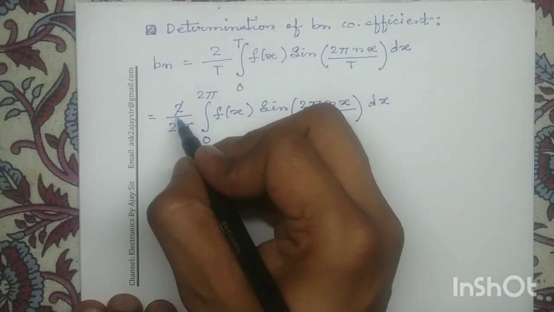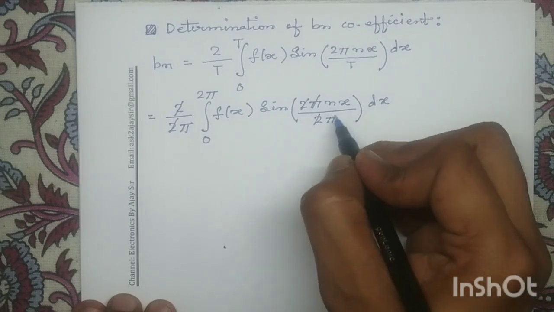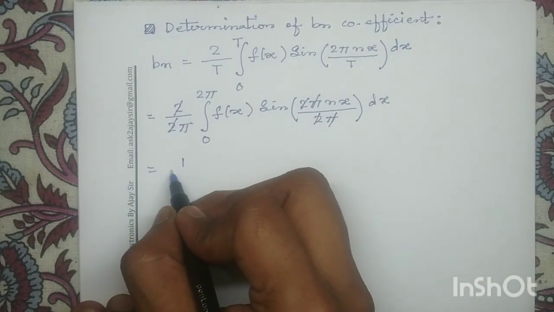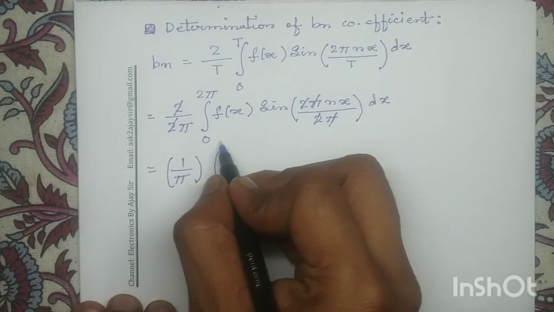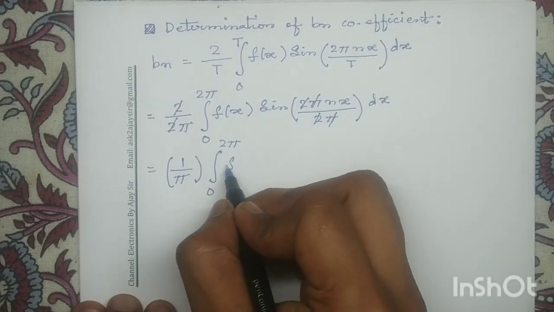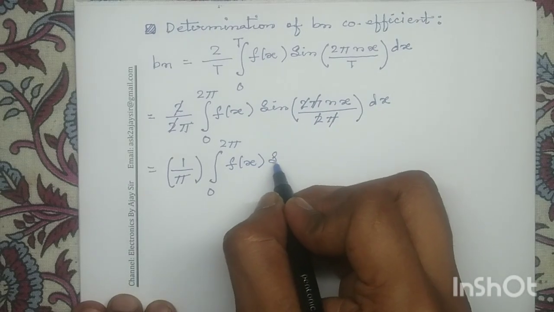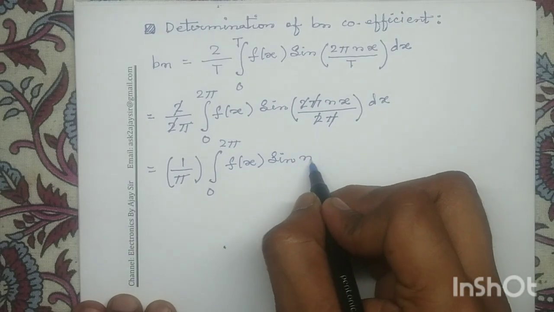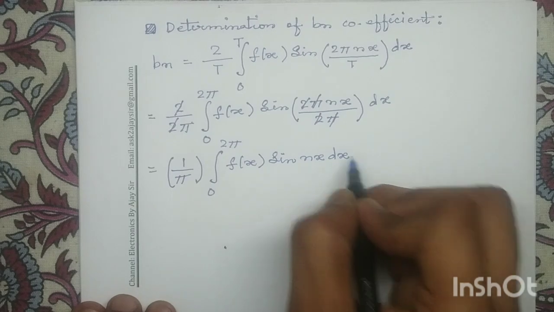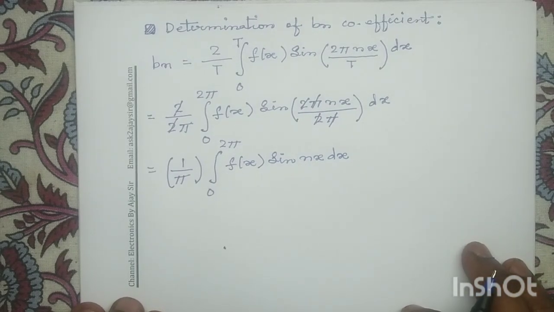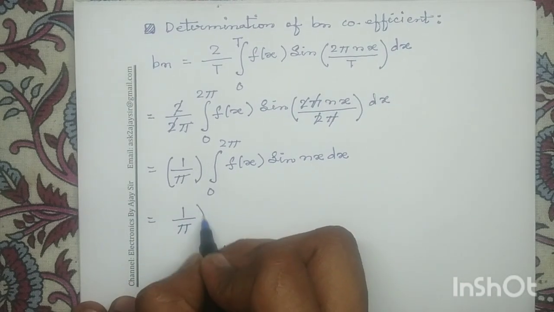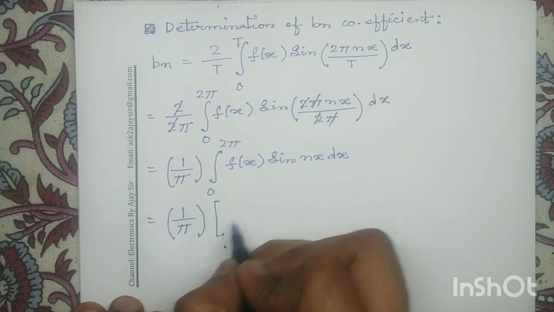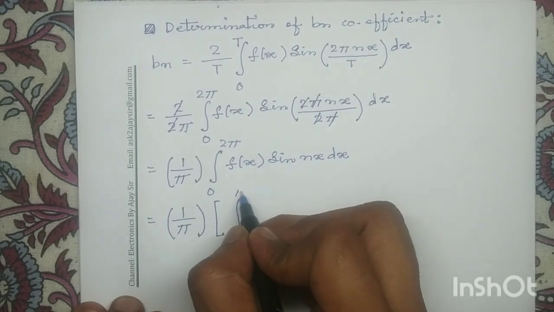Which on simplification reduces to 1 by pi integration 0 to 2 pi f of x sine nx dx. Now we will split this integration from 0 to pi and from pi to 2 pi. So the expression becomes 1 by pi integration 0 to pi.